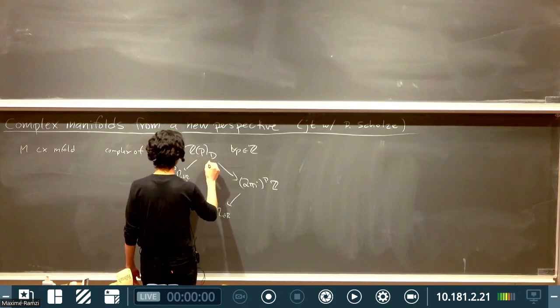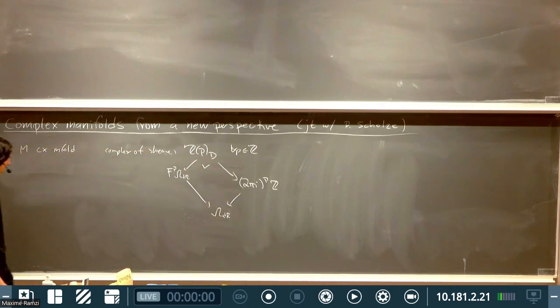And then you take a homotopy pullback. So that was the main object in the last talk.